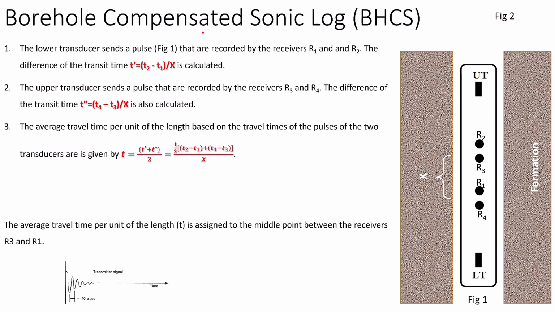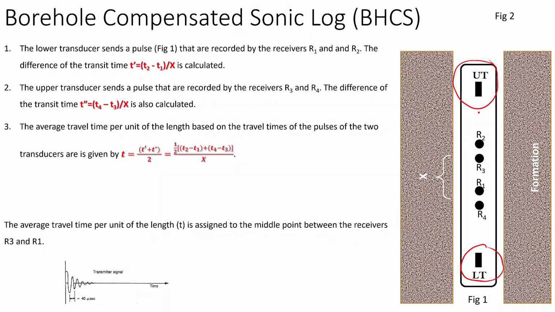Different sonic logging tools are available. One of them, for example, as we see here, is a borehole compensated sonic log. I'm going to explain how this logging tool works. As you see, this logging tool is composed of two transducers, a lower transducer and an upper transducer. And these transducers are kind of seismic sources that produce seismic signal into the formation.